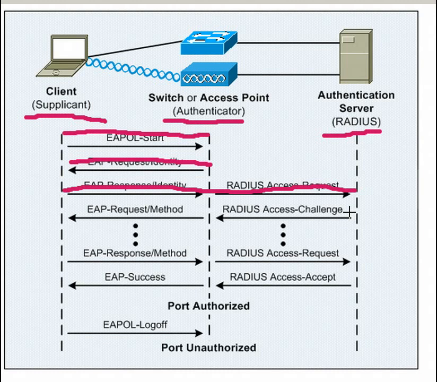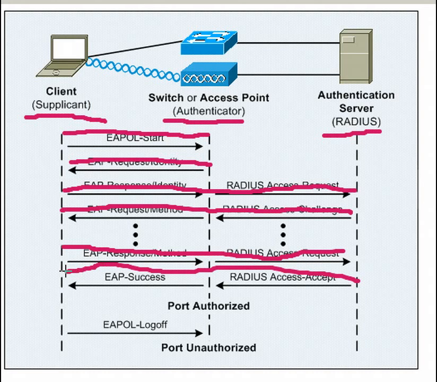The authentication server then sends a challenge back to the supplicant. The supplicant responds to the Radius request, and then we either get an accept, a yes or a no. Hopefully we're going to get an EAP success. The port's authorized, or we're authorized access to the wireless access point.